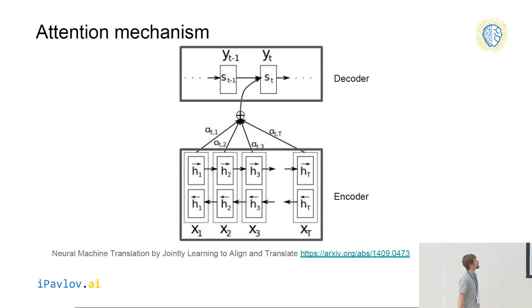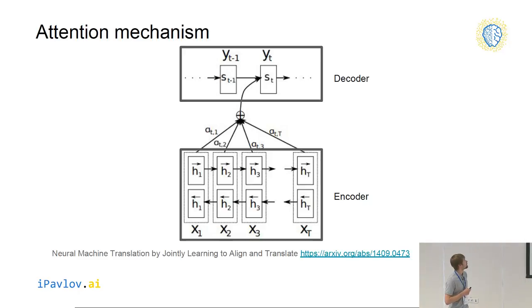Attention mechanism. Without attention mechanism, decoder could use only last hidden state of encoder. But attention mechanism gives access to all hidden states of encoder simply by computing a weighted sum of encoder states. How to implement this attention?